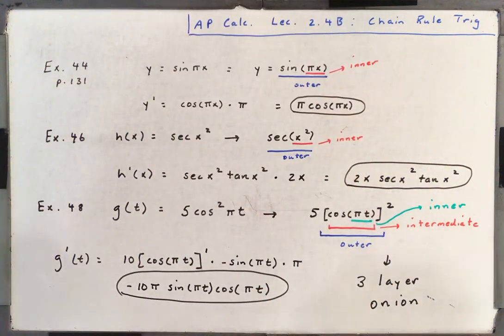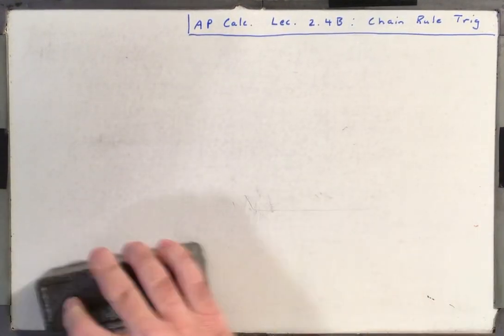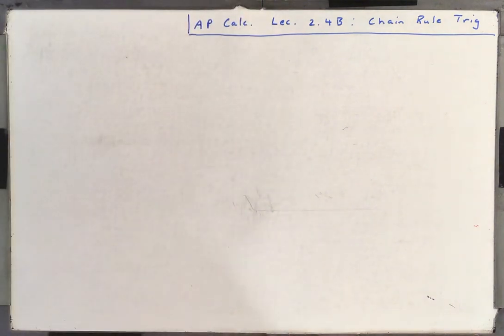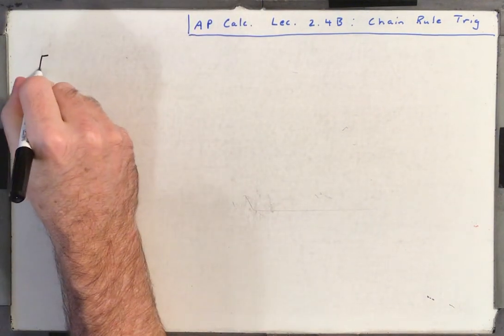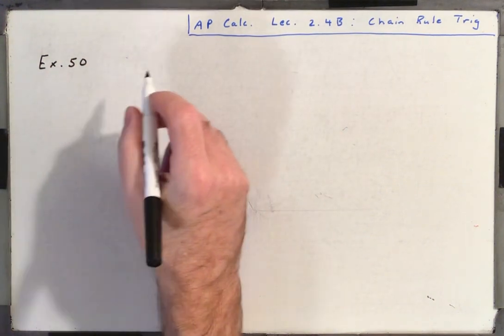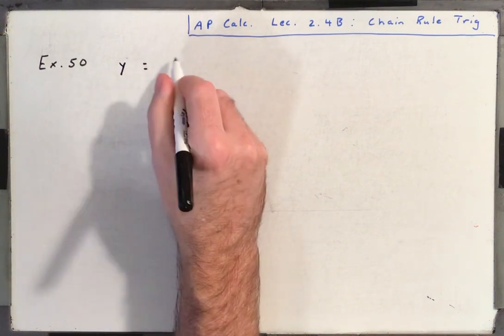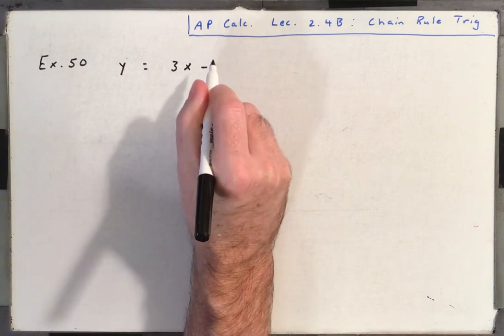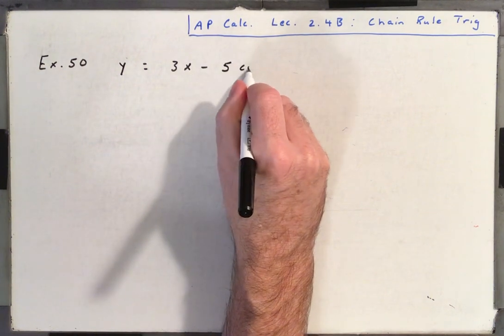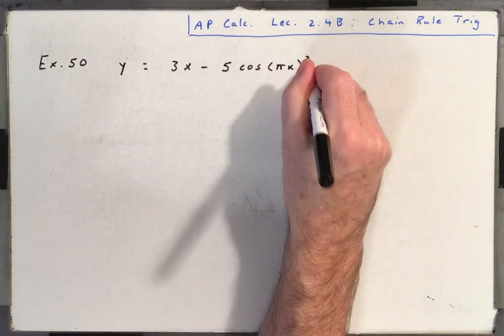There's another situation that can give you 3 layers, and that's example number 50. Let's work that one real quick. Number 50 says y is equal to 3x minus 5 cosine pi x squared.